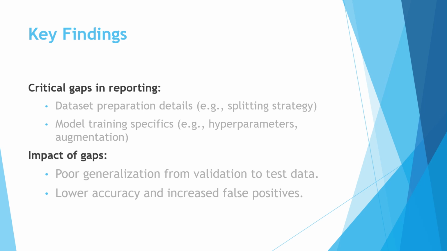The missing information for actually re-implementing the algorithms were mainly coming from some specific parts of the models. For example, dataset preparation details. That is how to split the data into training sets and validation set and testing sets, and also some model training specifics.